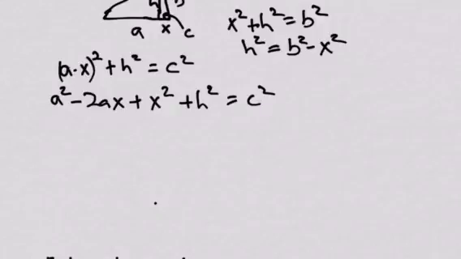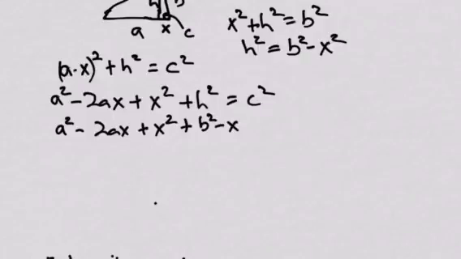If I plug that result in for h squared down here, I would get a squared minus 2ax plus x squared plus b squared minus x squared equals c squared.